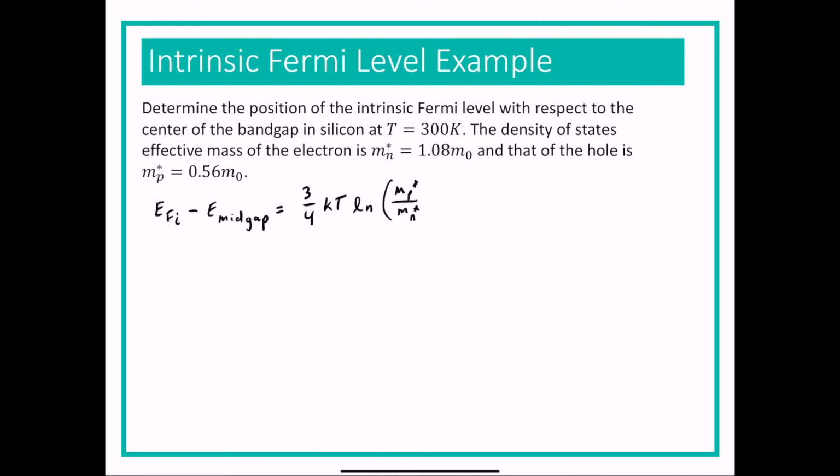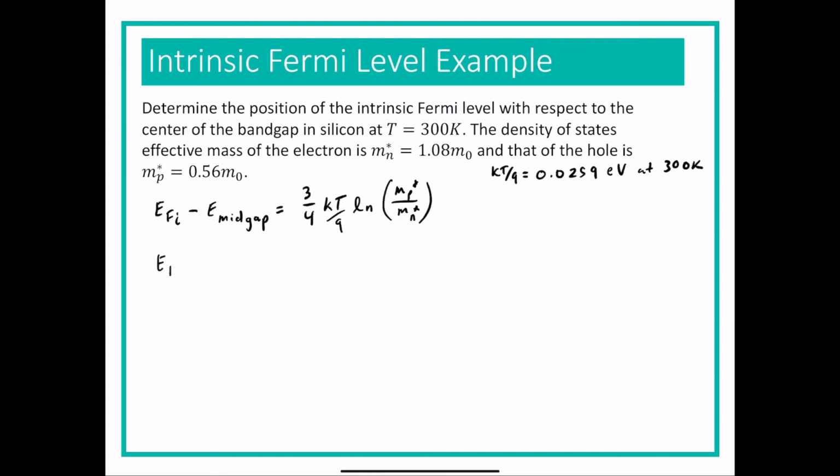And remember that this is really like kT over q, because it's going to have to be in electron volts, again, because the difference between energies is going to be in electron volts. And we're at 300K, so we can use that value of 0.0259. We don't have to calculate that again.